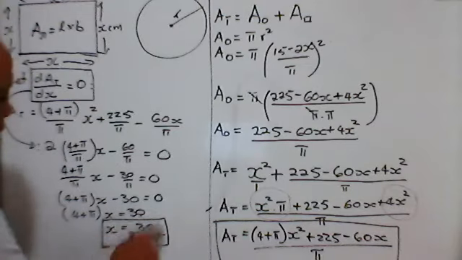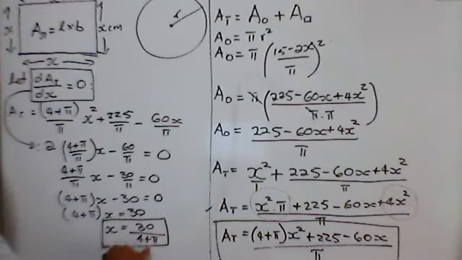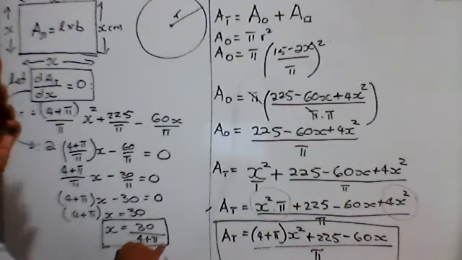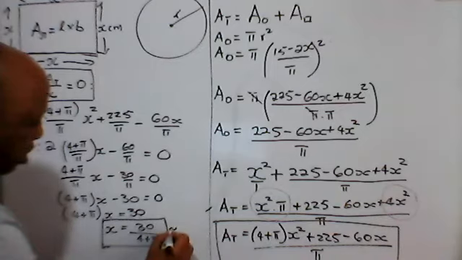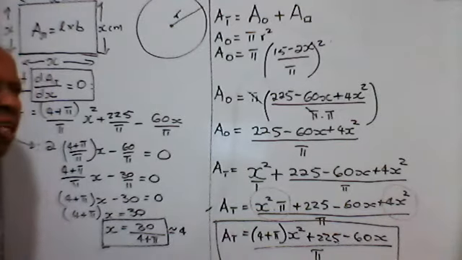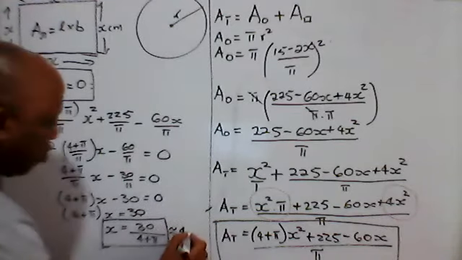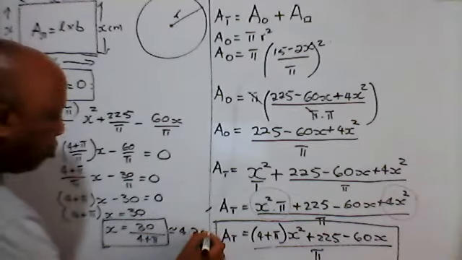If you work this out with your pi from your calculator, you will get that this x works out to be about 4.2 centimeters.